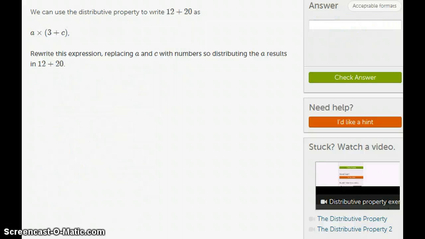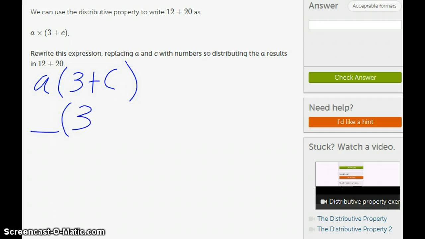All right, here is another problem. A times 3 plus C. What is A? This is 3 plus what is C? And remember, I need to get it to equal 12 plus 20. So what am I going to take times 3 to get 12?